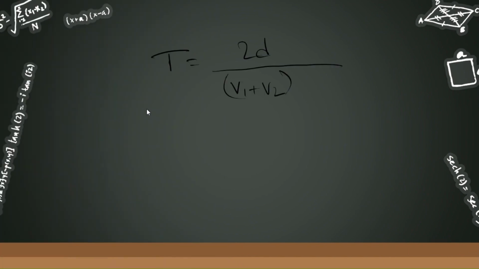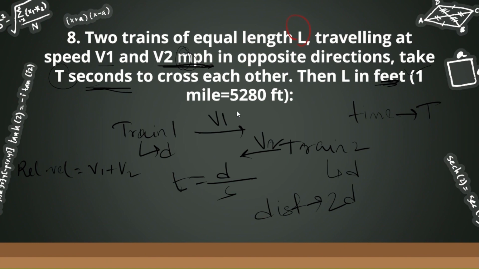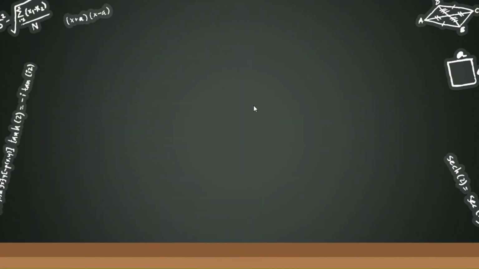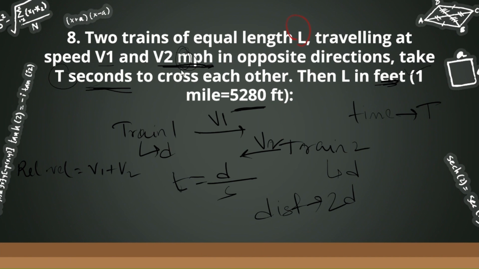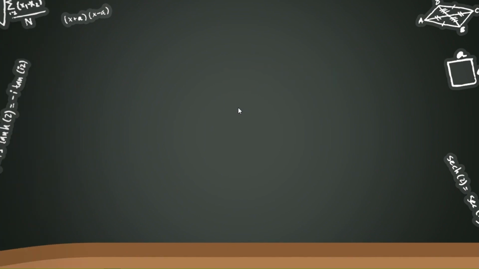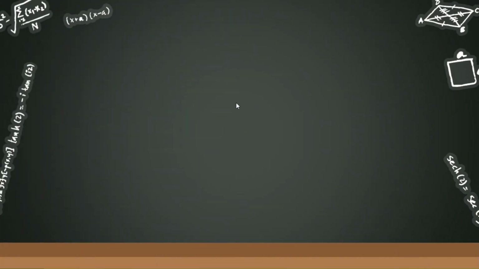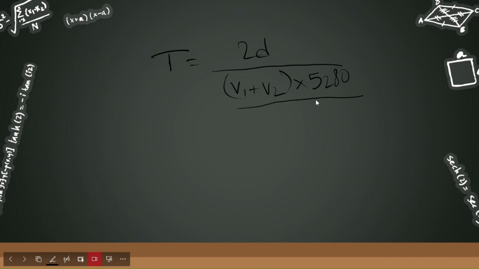For that we need to do feet: 1 mile is equal to 5280 feet. So v1 plus v2 into 5280, and it's given in hours. So to convert that into seconds, 1 hour is equal to 3600 seconds. So we divide this by 3600.